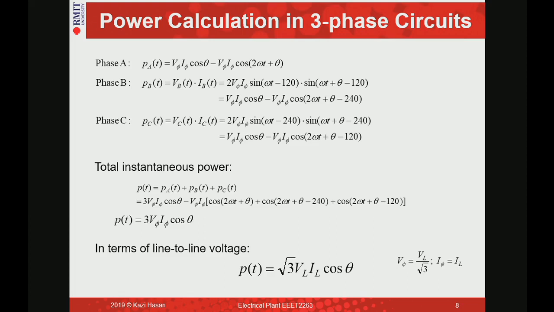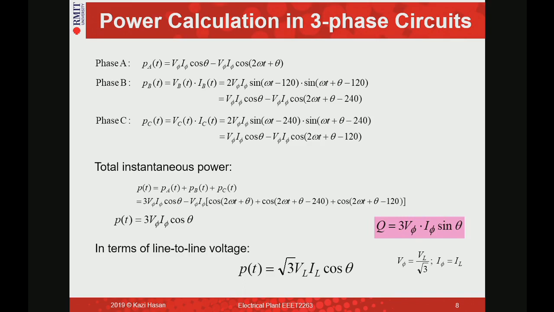So in terms of line to line voltages, our power equation is √3 VL IL cos theta. Similarly, the reactive power will be √3 VL IL sin theta, and the apparent power S will be √3 VL IL.